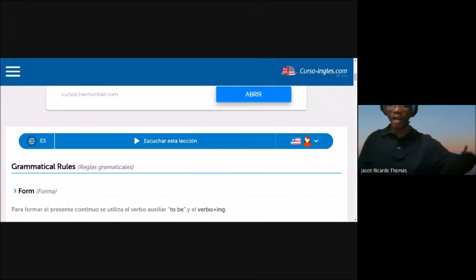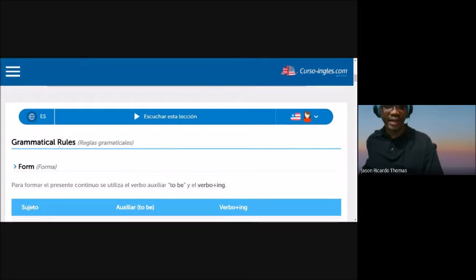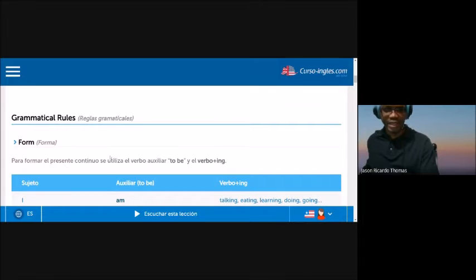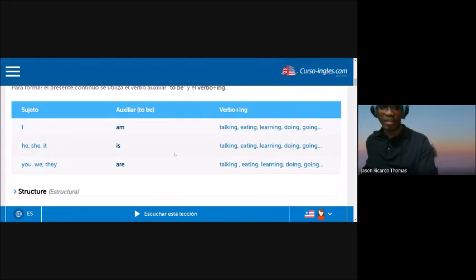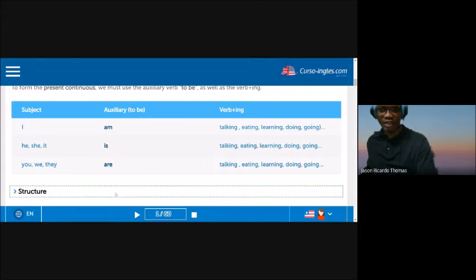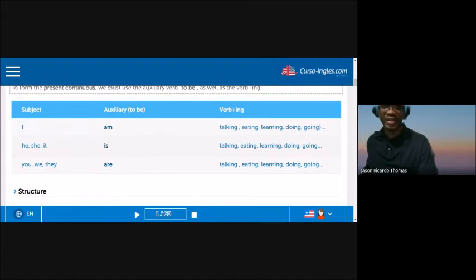Some of you love pizza, but you hate the Metro. Now we're going to be looking at the ing. I'm going to share a lesson with you that has the definition in Spanish and English, but I want us to practice in English, so I will change the view to English. But you can do it in Spanish if you want. Let me just let some more people in.